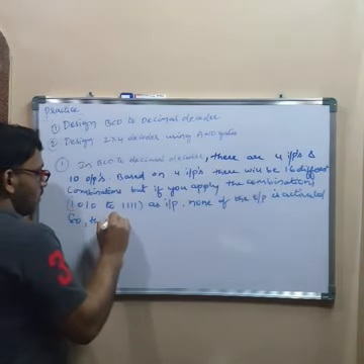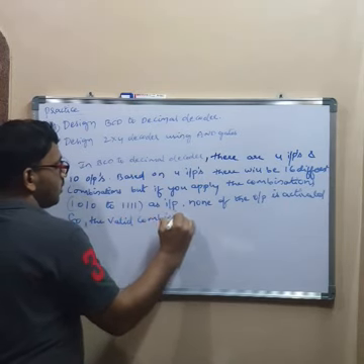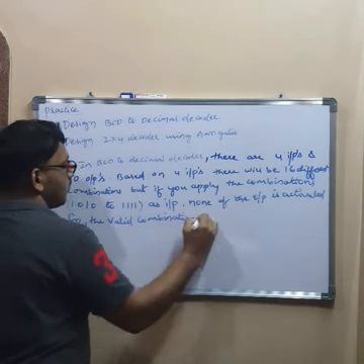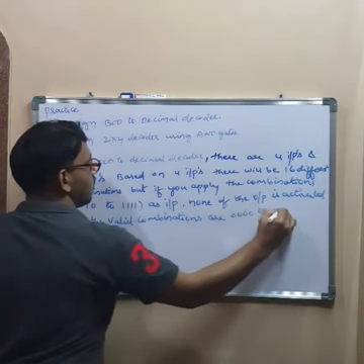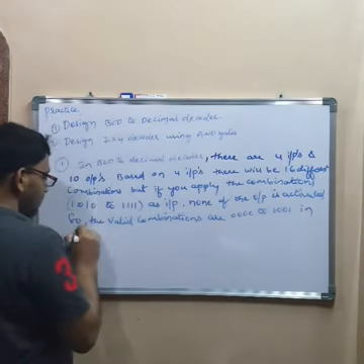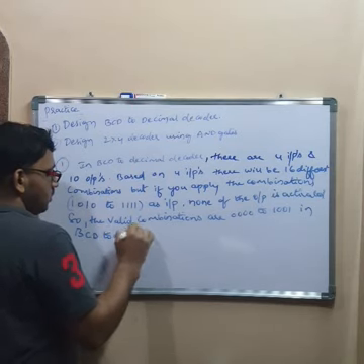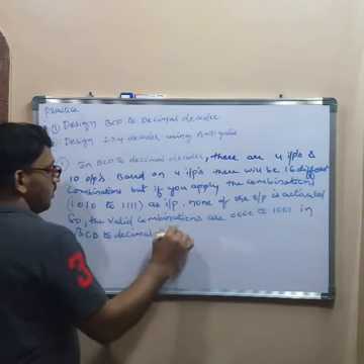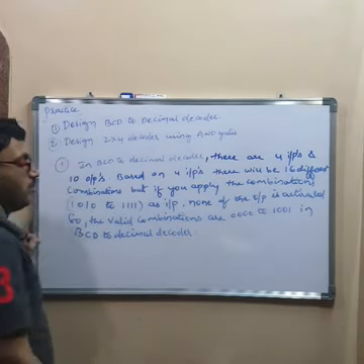So the valid combinations in BCD to decimal decoder are 0000 to 1001.